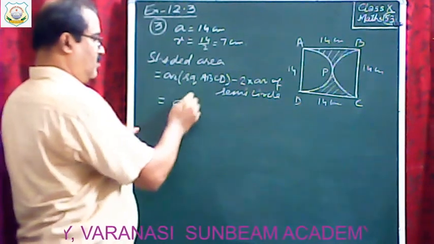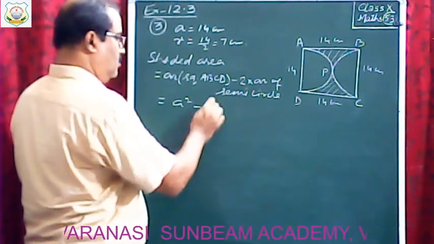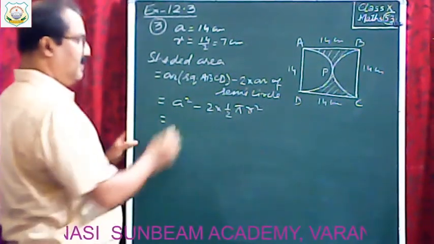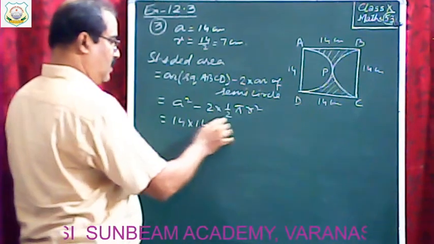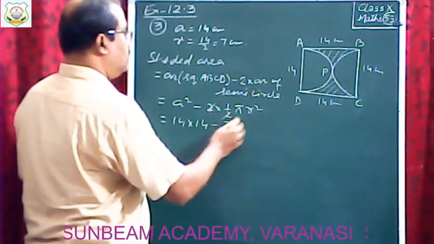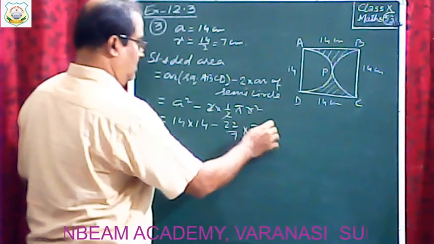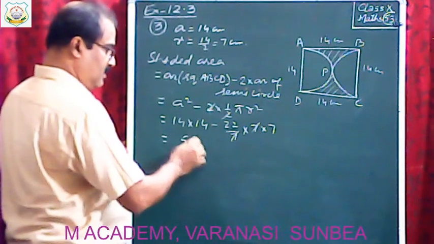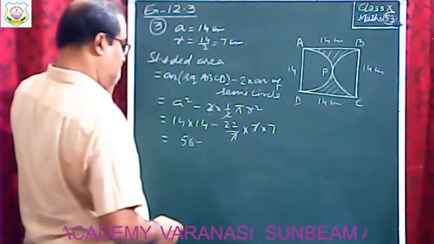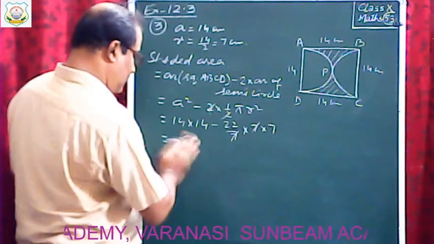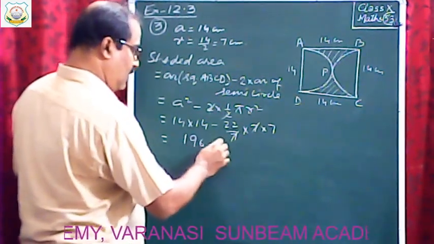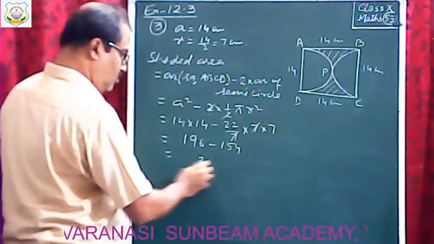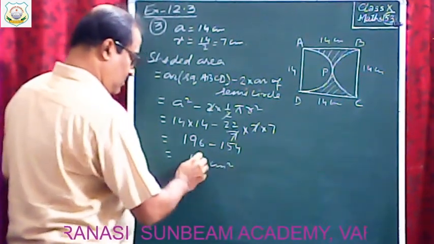Area of square a square minus 2 into half pi r square. a is 14, so 14 into 14 minus 2 and half cancel, 22/7 into 7 into 7, 7 cancel. So 196 minus 154. What we get? 42 centimeters square.